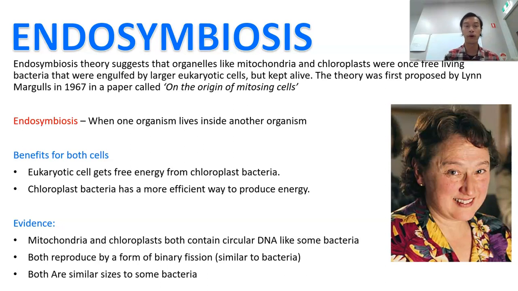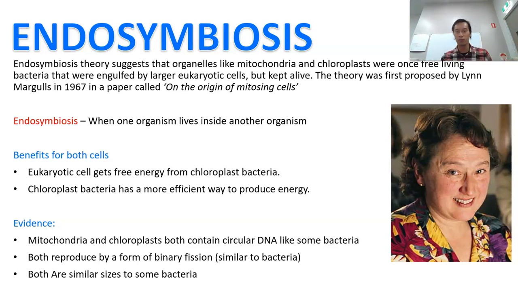The theory was first proposed by Lynn Margulis in 1967, and the idea is the word endo meaning inside, and then symbiosis, sym is together, biosis is living. So endosymbiosis is one organism living inside of another organism.